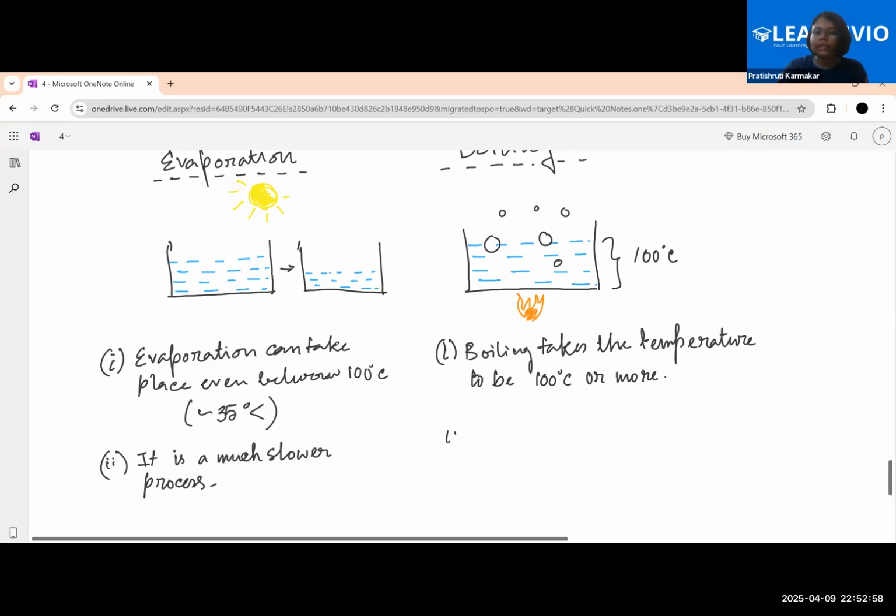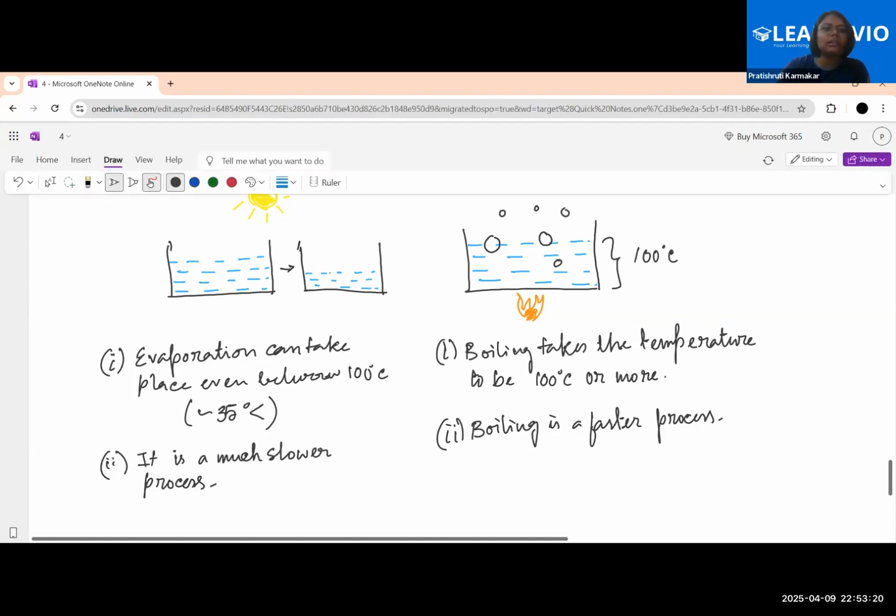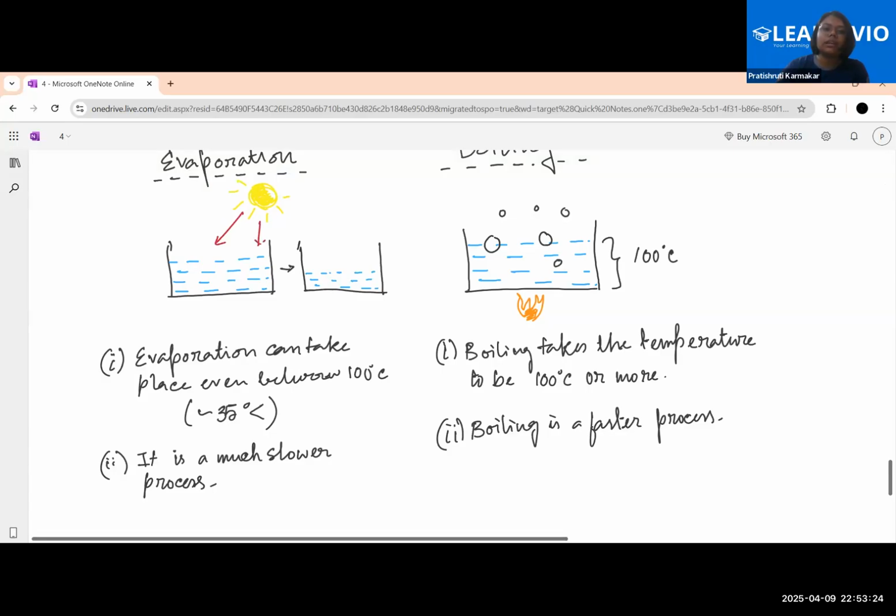Okay. Next, boiling is a faster process. Okay. Yes, ma'am. And the final and the important point is, let's say when the sunlight is falling here, initially it is reacting with this level only.